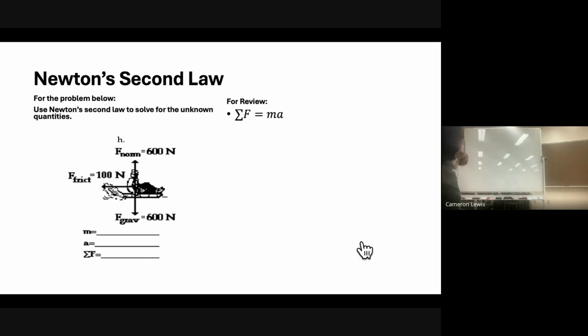So they gave us a free body diagram to work with. So I'm going to redraw it up here. Once again, we have a sled and we have 3 present forces: F norm, force due to gravity, and then I think this is friction.